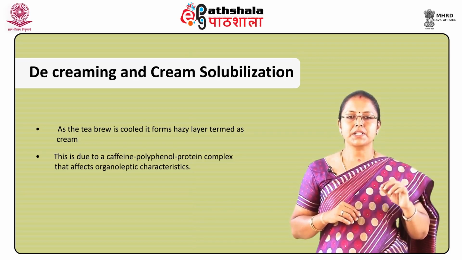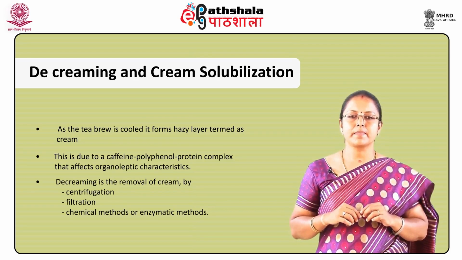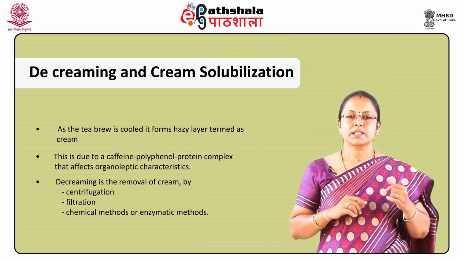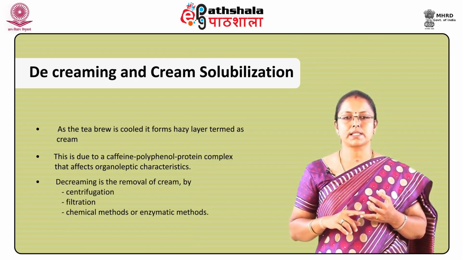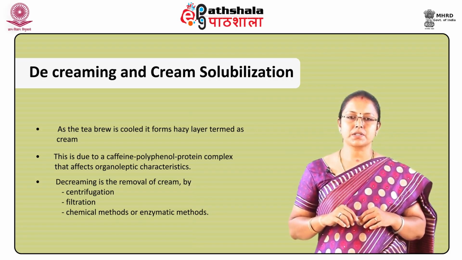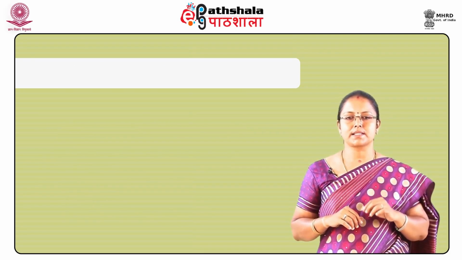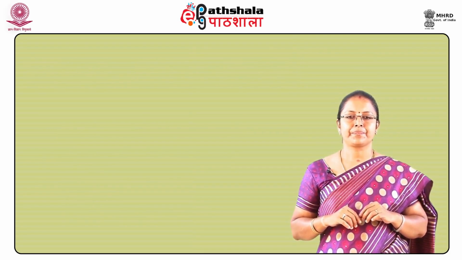Hence, chilling tea extract to remove the cream is known as decreaming, done by using centrifuges, filters, and membranes. Sometimes, solubilization of the tea cream by chemical and enzymatic methods is also adopted.